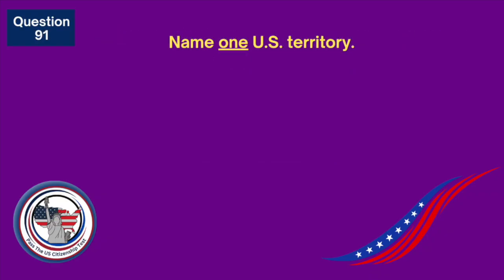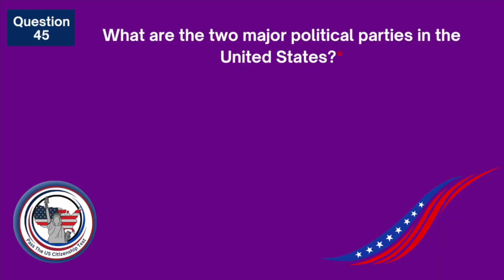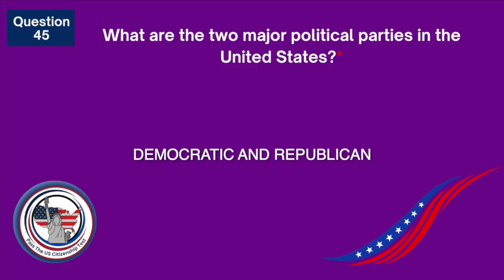Name one U.S. territory. Guam. What are the two major political parties in the United States? Democratic and Republican.